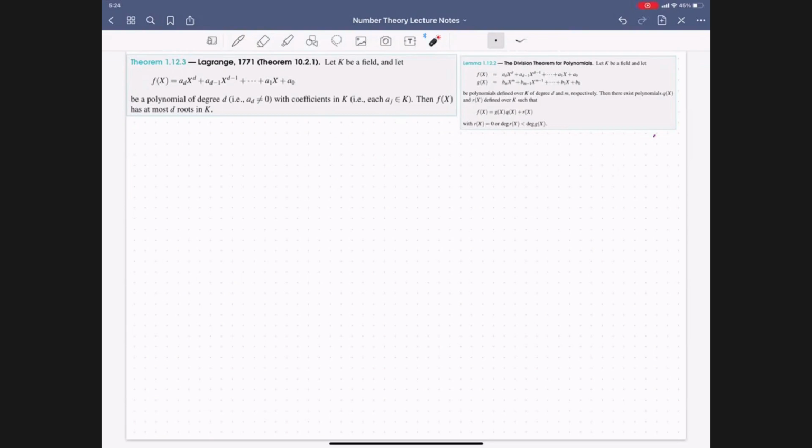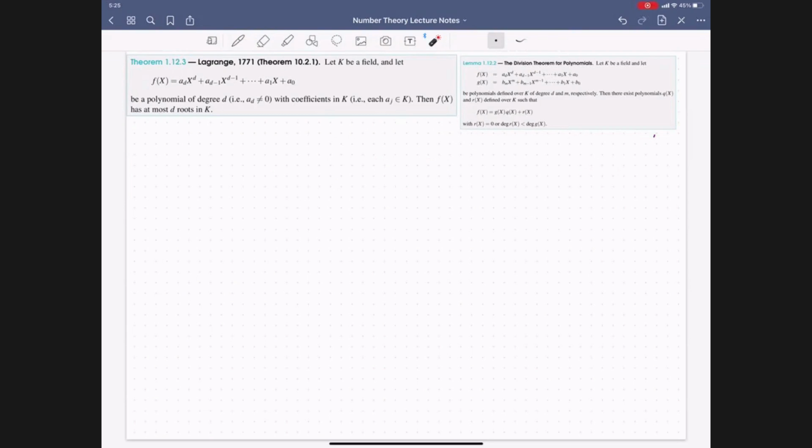The proof will go in two steps. The first step is that we want a result analogous to what we know for the integers. We know that if n is divisible by k, then we can write n as k times some other integer. We want to say the same thing for a polynomial. Specifically, if we have a polynomial f whose root is alpha, then x minus alpha is going to be a factor of the polynomial.